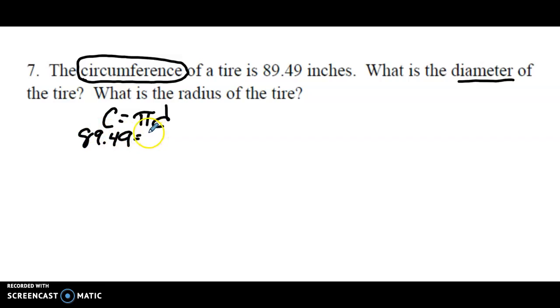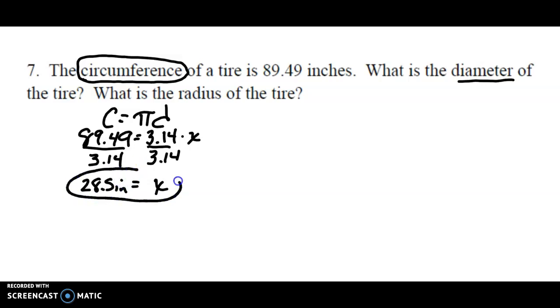We know pi's value, that's approximately 3.14, and the one that is missing in this one is d, which will create our equation. So we're going to solve now for x. To do that, I'm going to divide both sides by 3.14, and I'm going to get x equals 28.5 inches. And there is the answer to the first question.